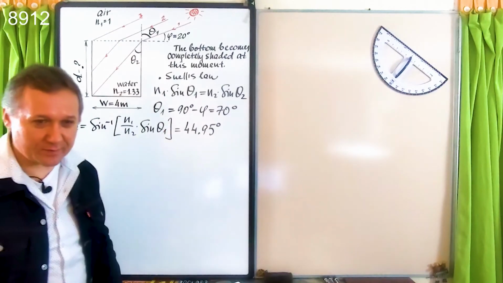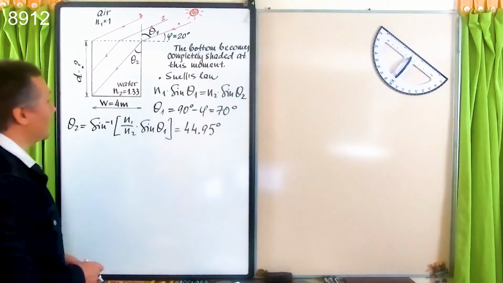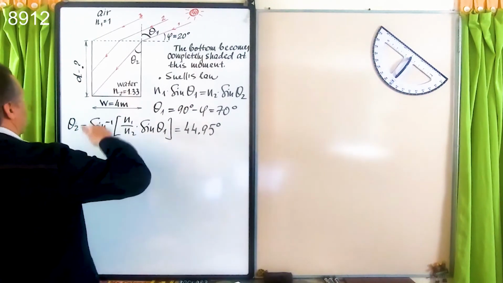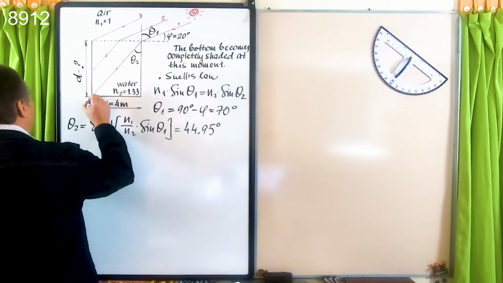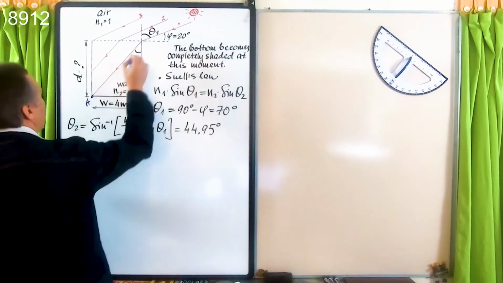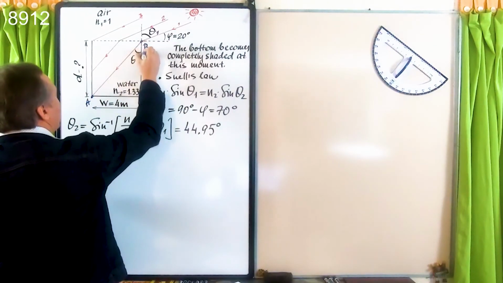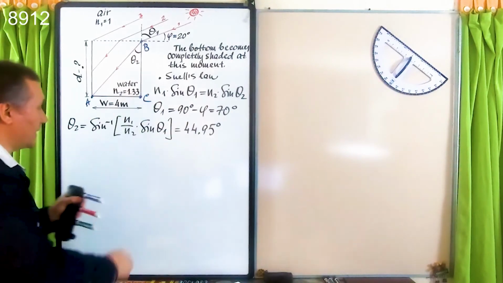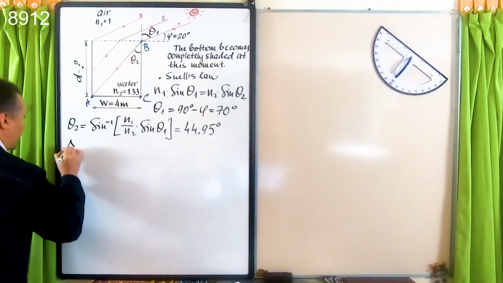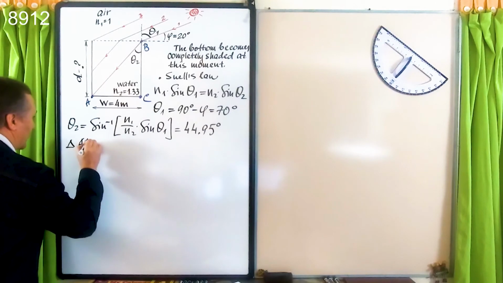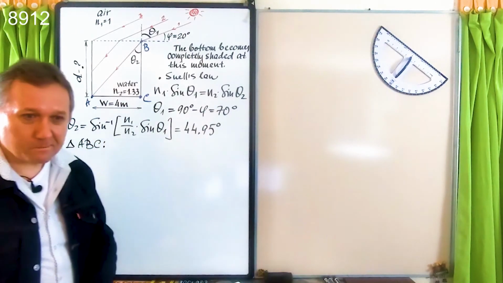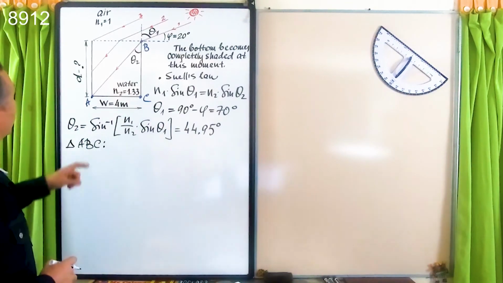All right, so now the next step, we need to look at this triangle. Let me label this: this is point A, this point B, and this point C. So now look at the triangle ABC, properties of a right triangle.